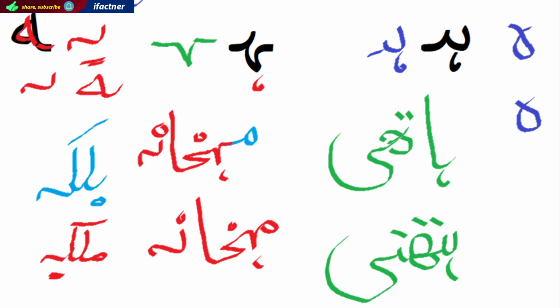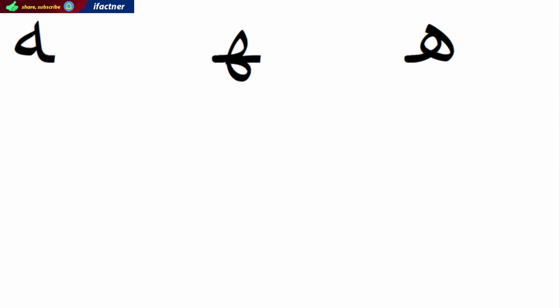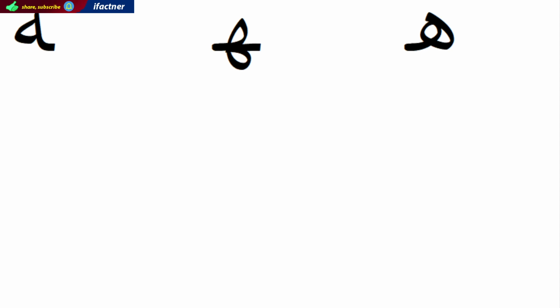Now let's move forward, and we have Do Chashmi Hey. Why do we call it Do Chashmi Hey? To differentiate it from the previous Hey and the other Hati wali Hey. And we call it Do Chashmi Hey because you can see that there are two parts.